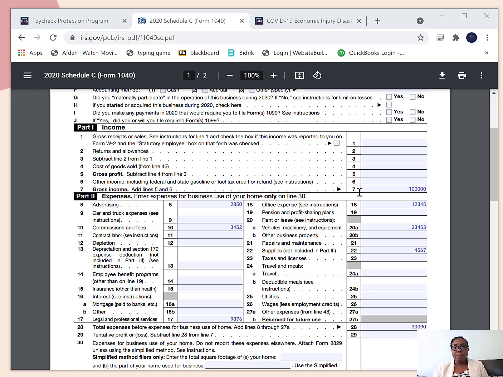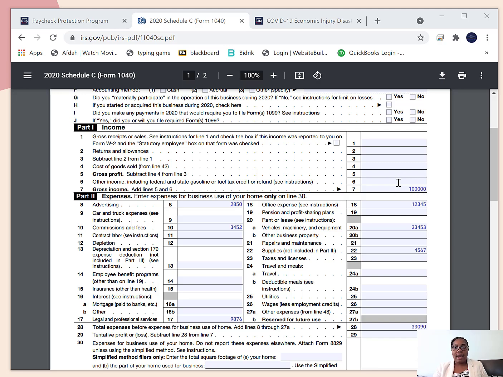So for the PPP program, here is how your loan is calculated now with the new updated rules from President Biden. Line 7 is your gross income on a Schedule C. Take this line, which is a max of $100,000 for the purposes of PPP if you're doing a draft 2020. It maxes out at $100,000.